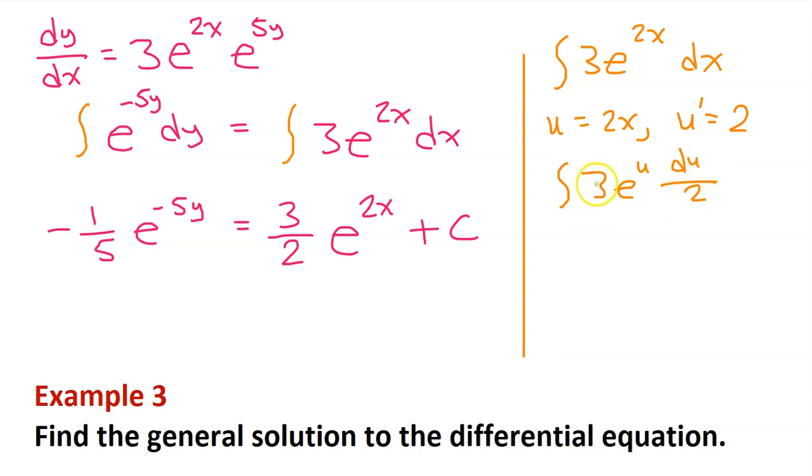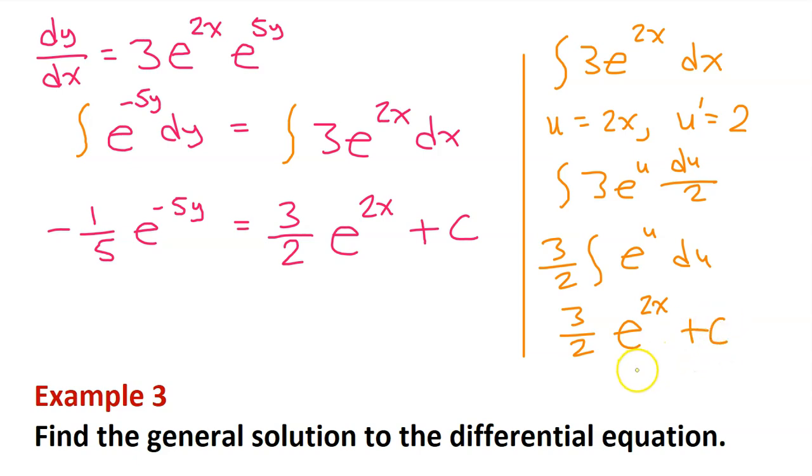We can move the 3 and the 2 out to the front as 3 over 2, and we have the integral of e to the u du. The integral of e to the u is just e to the u. So we bring down the 3 over 2, and we put e to the u, but we suddenly remember that u is 2x, and then we put the plus c. So that's exactly what we got without showing the work a minute ago.